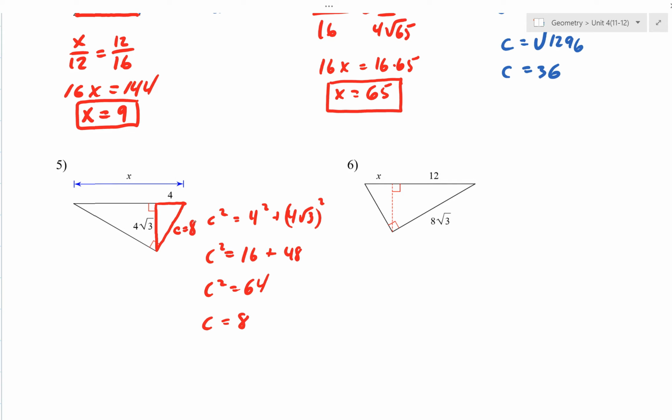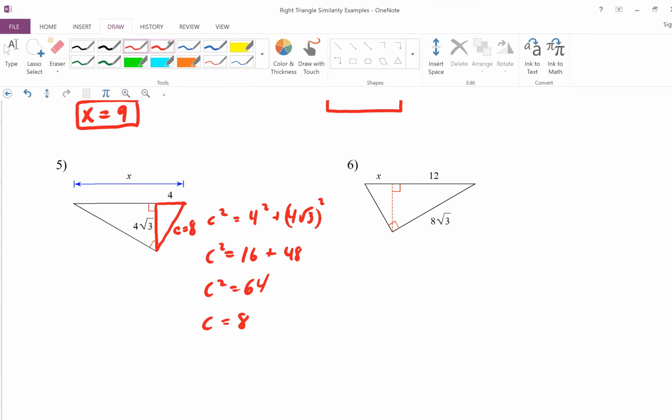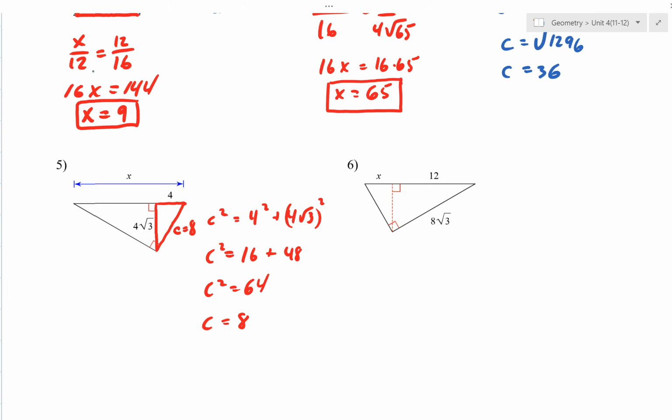And since x is the hypotenuse in the large triangle, I'll highlight that in green. So the large triangle, we know the short leg and we want to find the hypotenuse. So short leg and hypotenuse. And in the red triangle, we know the short leg and the hypotenuse.